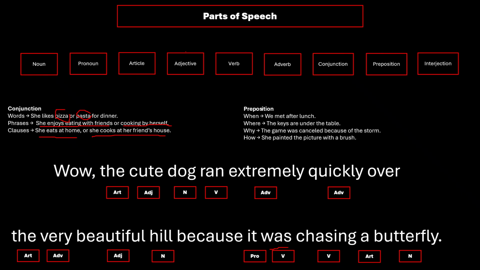So an example here, we met after lunch. Told you it's only connecting a noun or a pronoun.